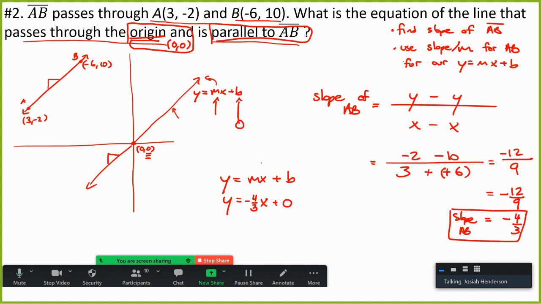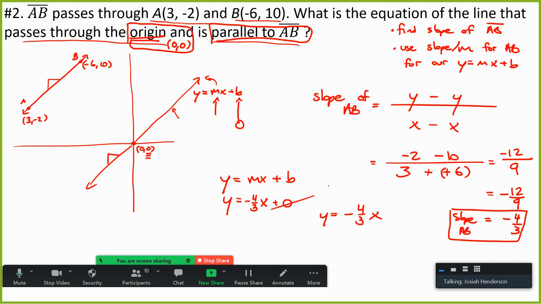We can plug stuff in for x and y when we're trying to find b or trying to find slope or something like that, but we don't use a number for x and y to show the equation. Otherwise, it's just going to give you a straight line, like a horizontal flat line or something. So here's our equation. We can clean that up because we don't actually show that plus 0. So y equals negative 4/3 x.